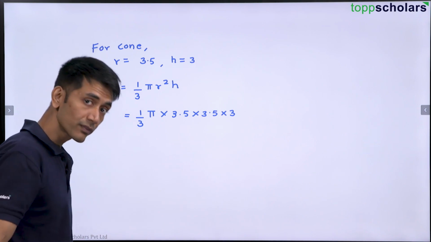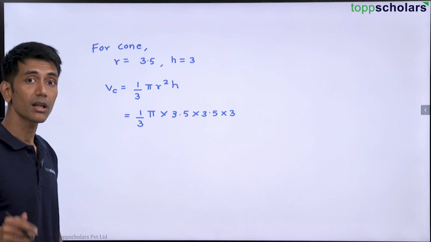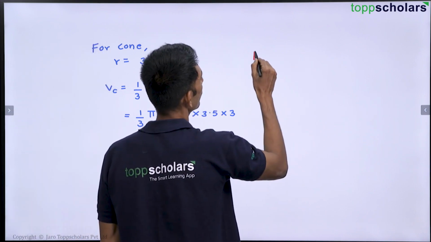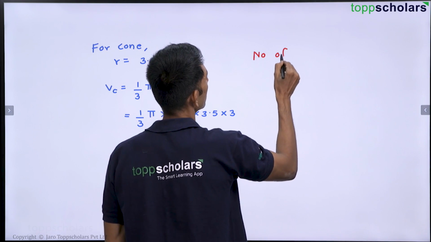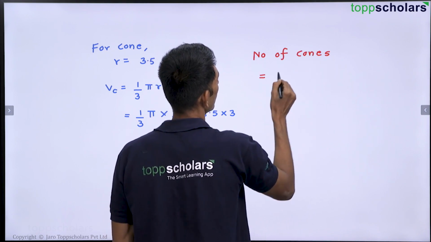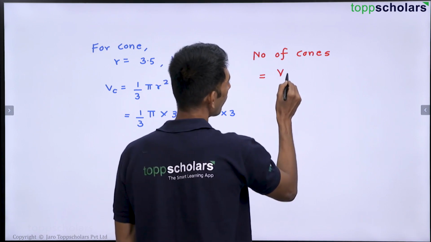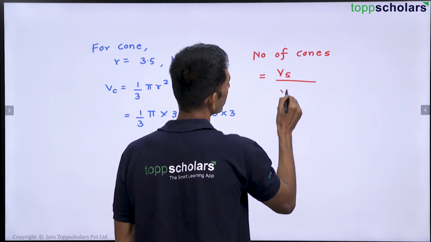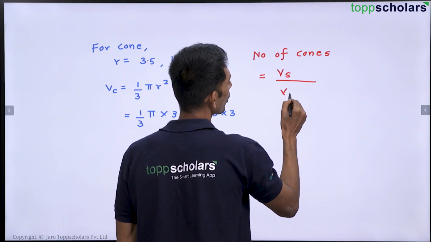Now we need to find out the number of cones. Number of cones will be equal to the volume of the sphere divided by the volume of one cone, right?